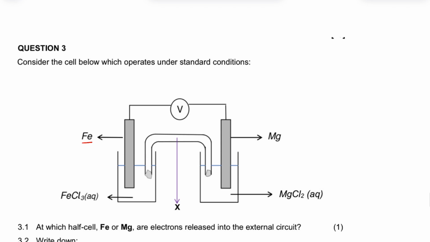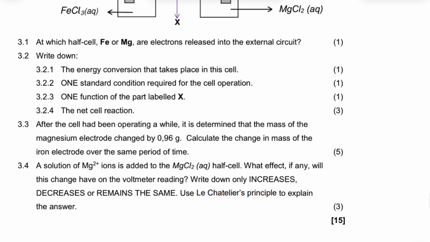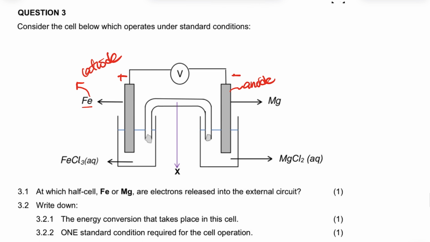So the magnesium, since it's at the top, means this electrode is an anode, and this one is the cathode, right? So the anode is negative and the cathode is positive, right? So guys, now we know the oxidation occurs here and the reduction occurs here, right?